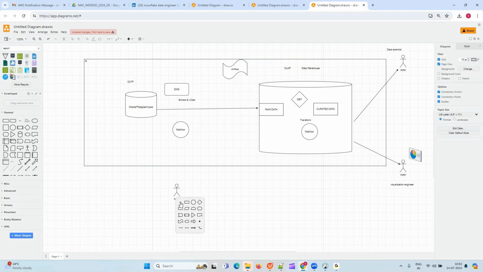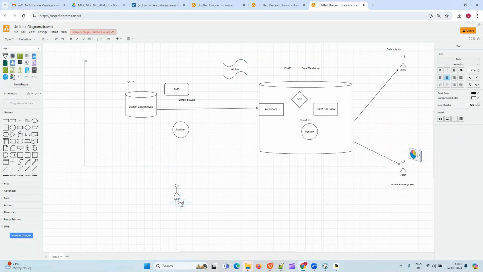Are there any questions here? I have one question. Airflow and Prefect are the same, a similar kind of thing? Prefect, right? I think it's a scheduling tool.